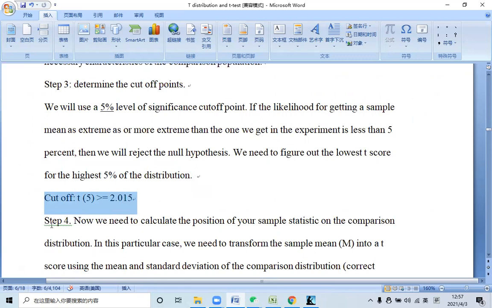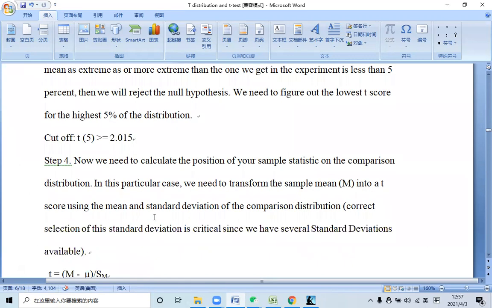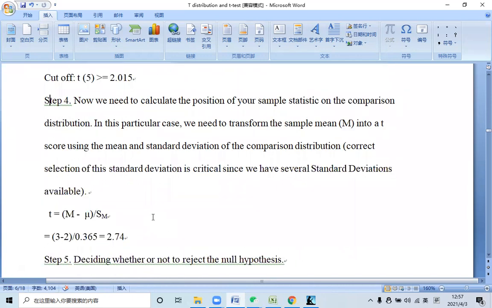And next step, you calculate the t-score. You see the t-distribution is very similar to the z-distribution. The t-score is very similar to the z-score. You get the deviation between your sample mean and the population mean.